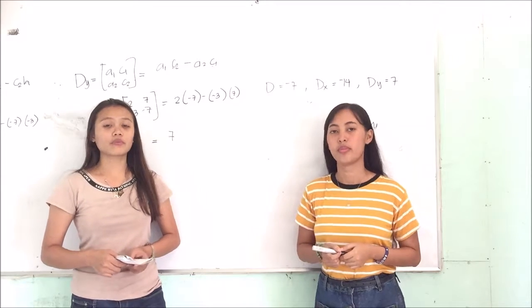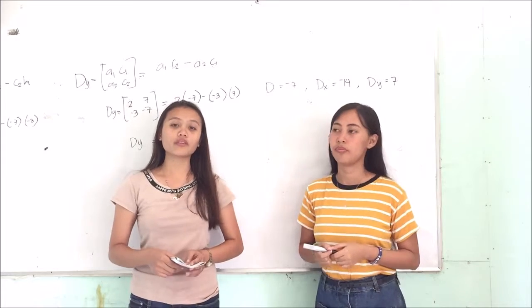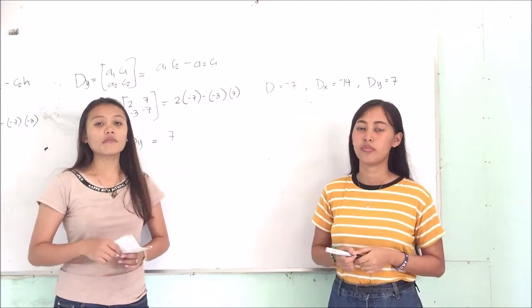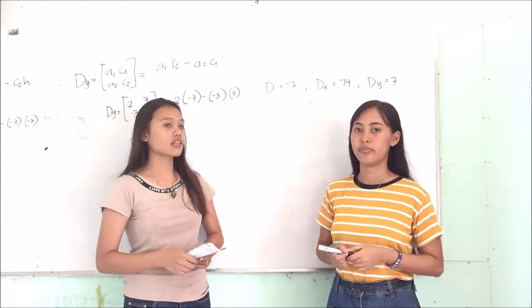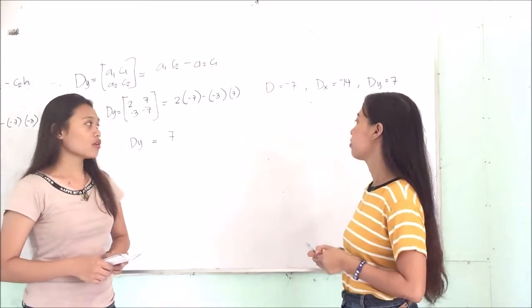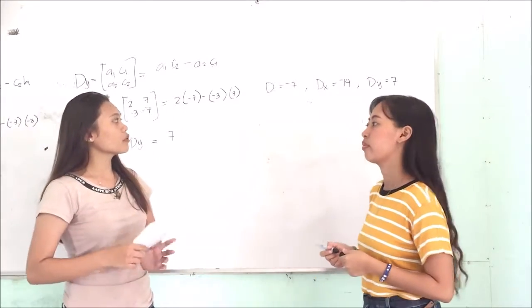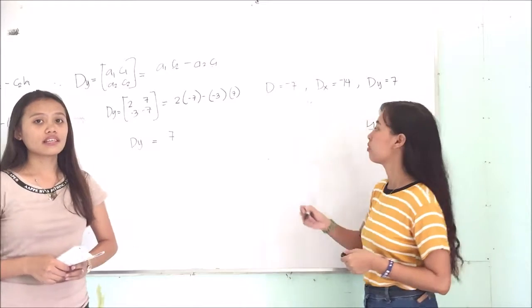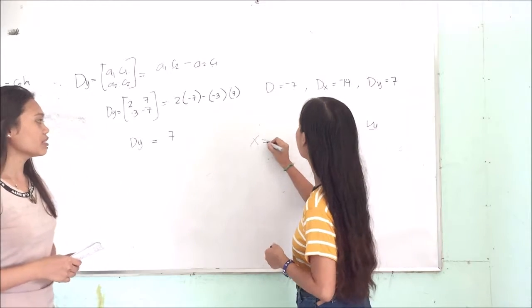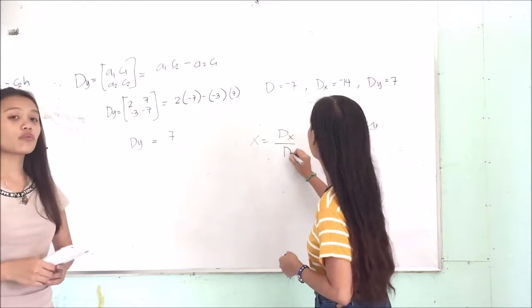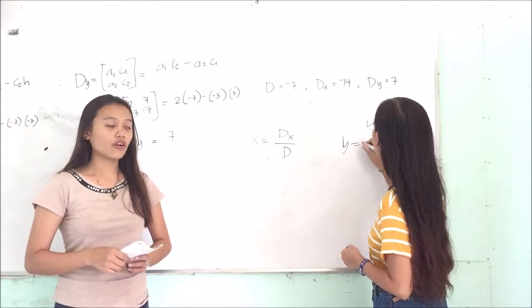Since we've got the results of d, dx, and dy, we will now use these values to come up with the final result. We use the formulas x equals dx over d and y equals dy over d.